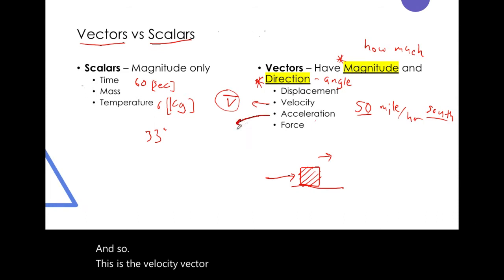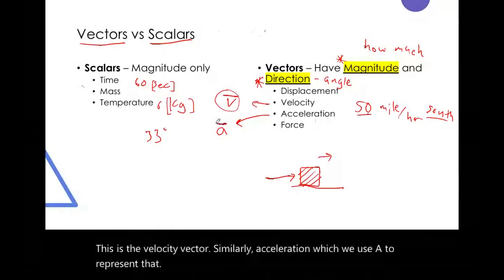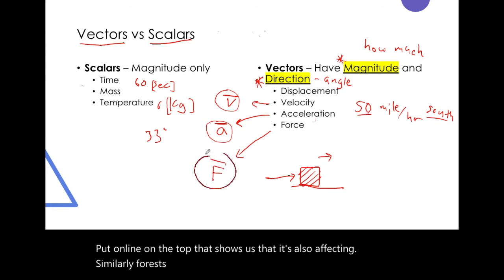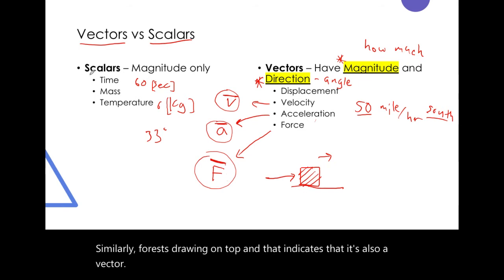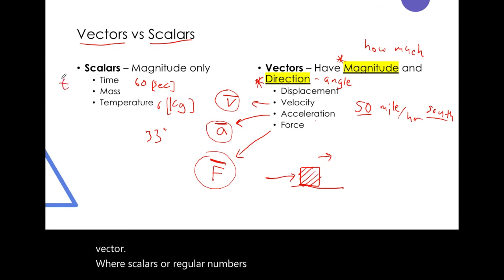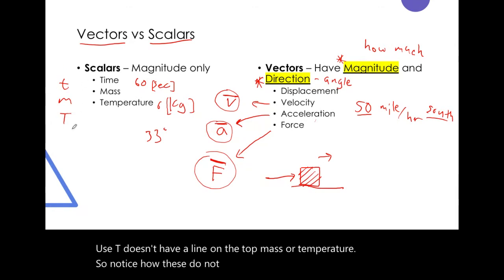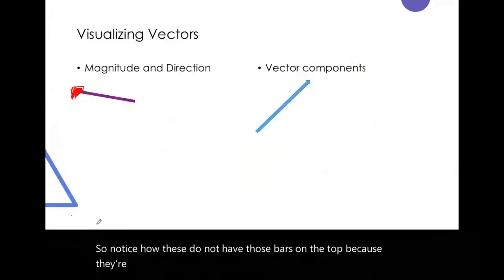Similarly, acceleration, which we represent with a, we put a line on top. That shows us that it's also a vector. Similarly, force, draw a line on top, and that indicates that it's also a vector. Whereas scalars, or regular numbers like time, t, mass, or temperature, don't have a line on top. Notice how these do not have those bars on the top because they're not vectors.